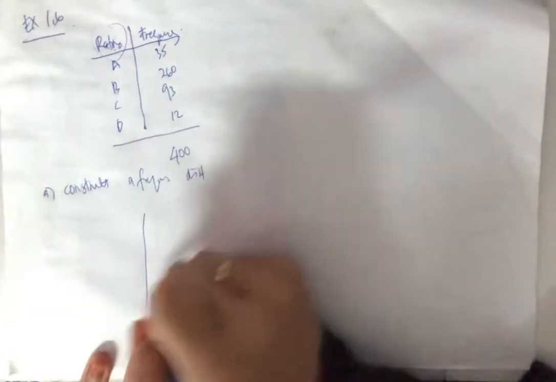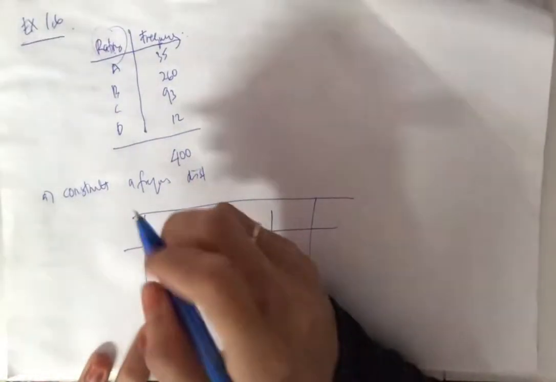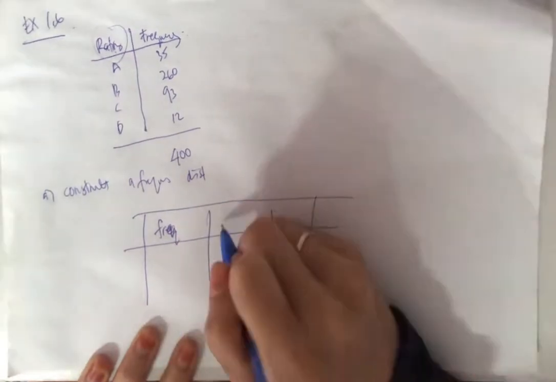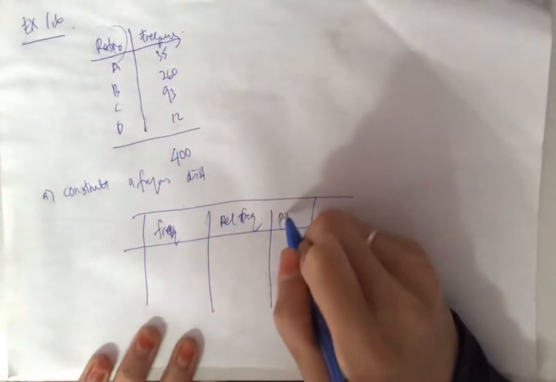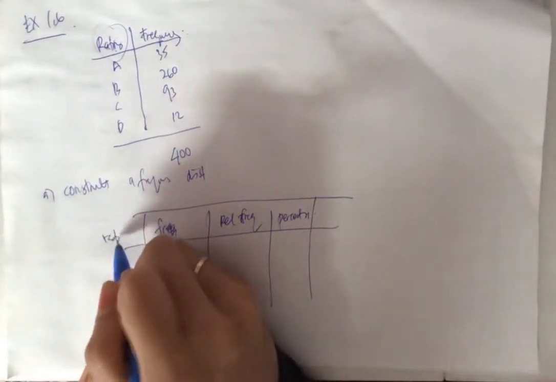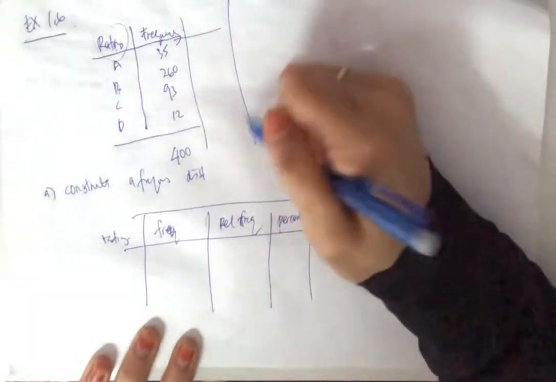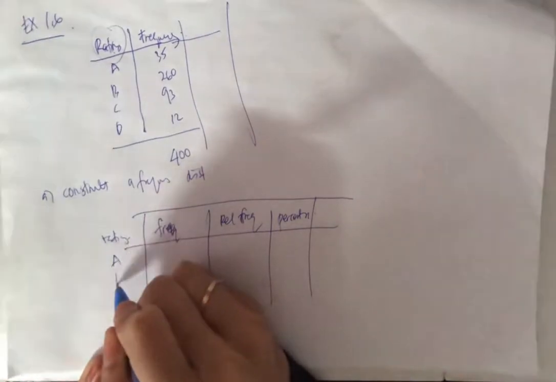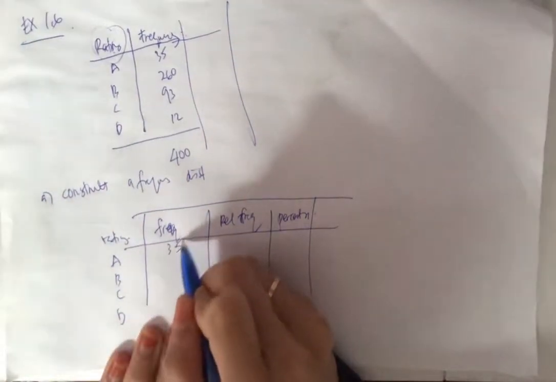So you need a table that consists of these three: the first is frequency, the second is relative frequency, and the third is percentage. So this is your rating, and you may extend from this table. A, B, C, D. The frequency, you just copy.